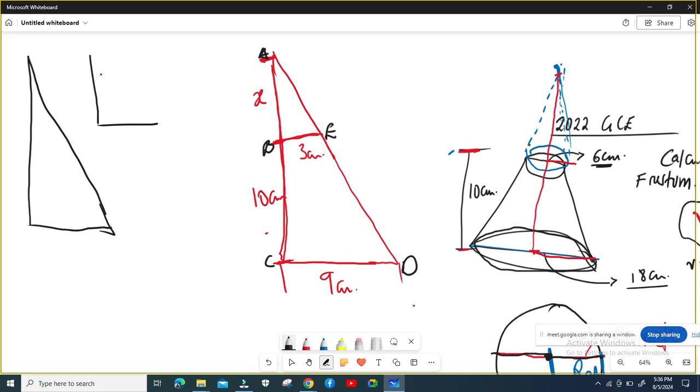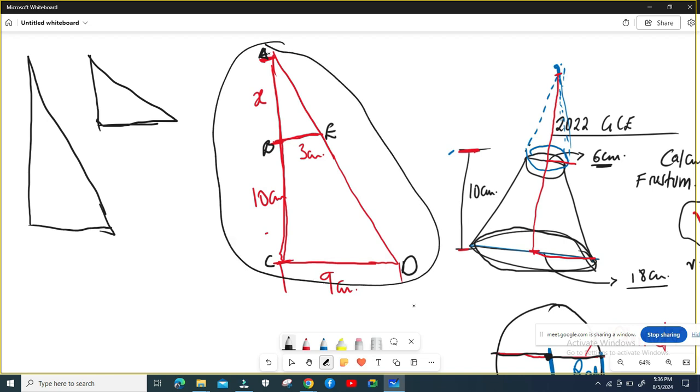In this whole triangle, I've identified two triangles. There's a big triangle, moving from A to C and then to D, where CD is 9 centimeters.